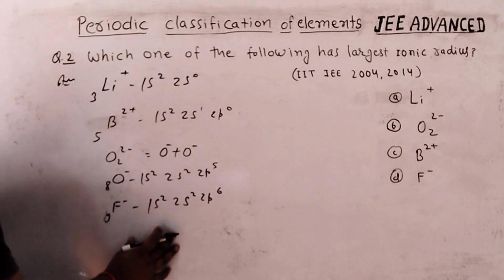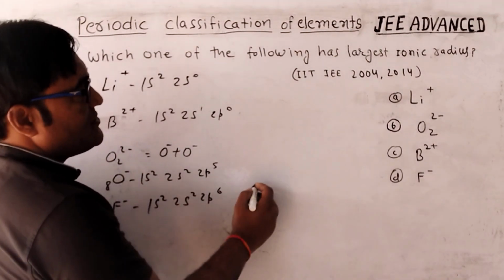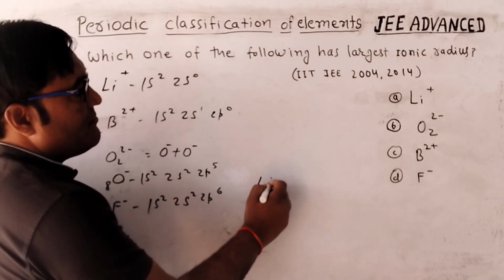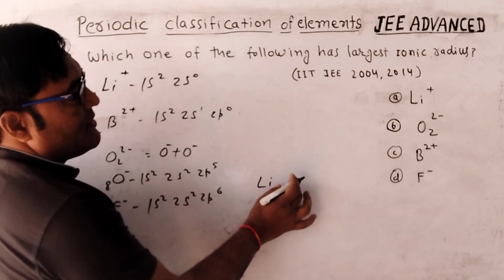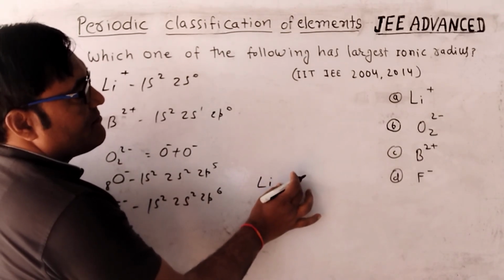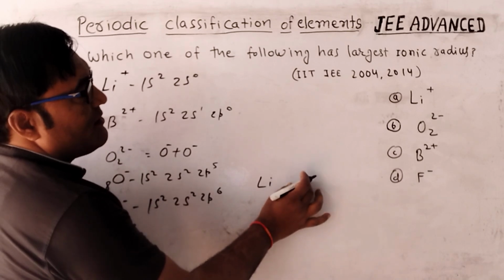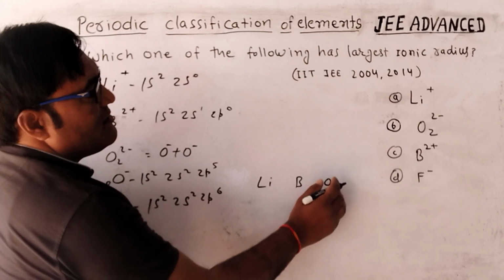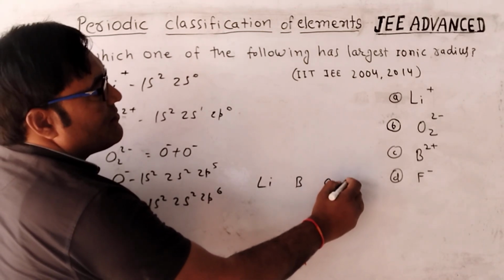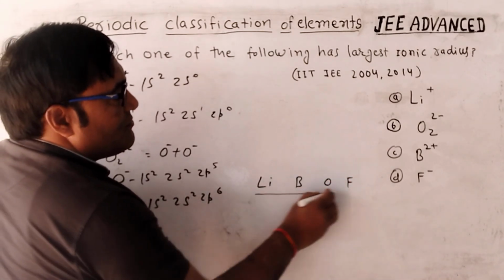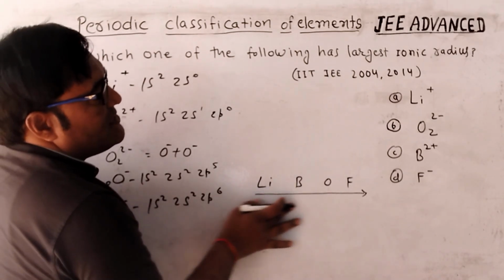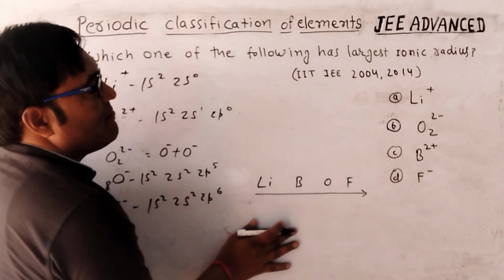Okay. Now from the basic concept of atomic radius, in the same period: lithium, beryllium, boron, carbon, nitrogen, oxygen, fluorine.